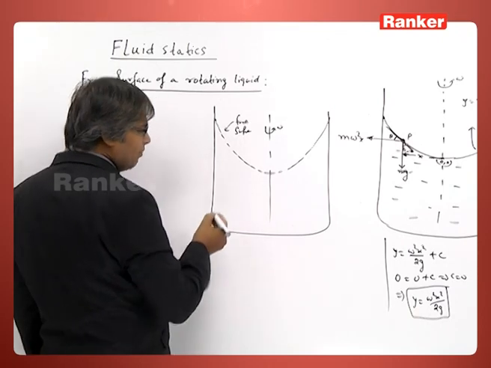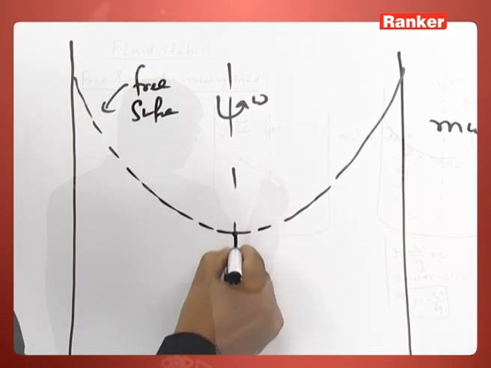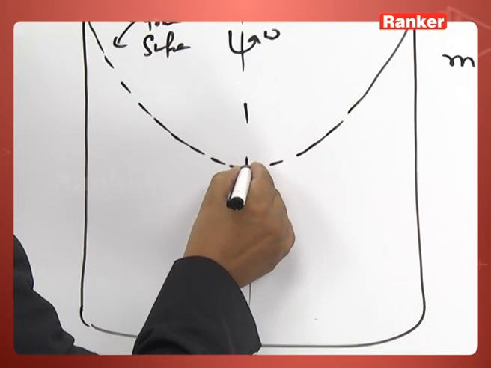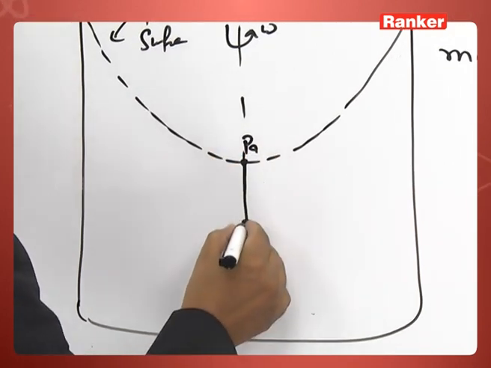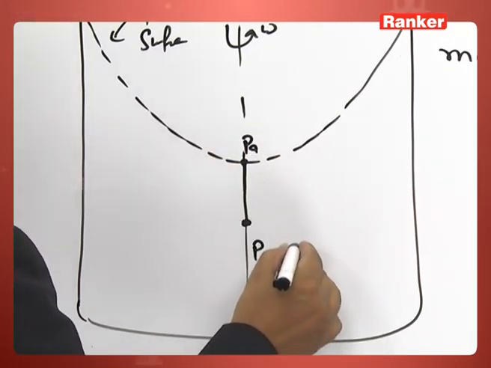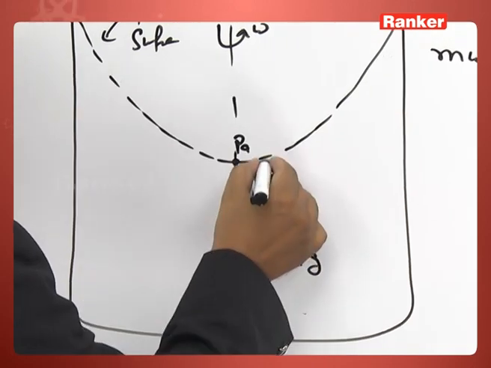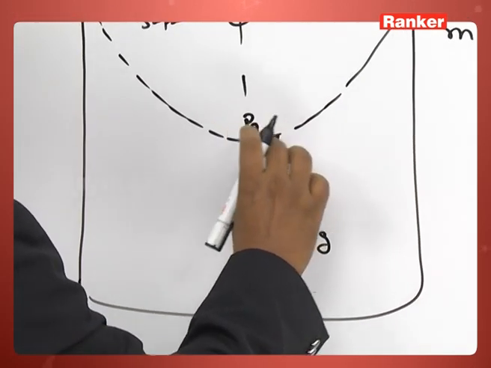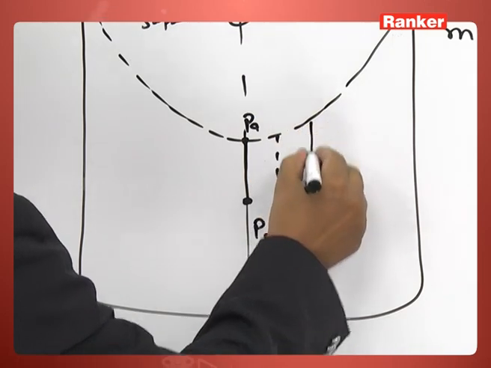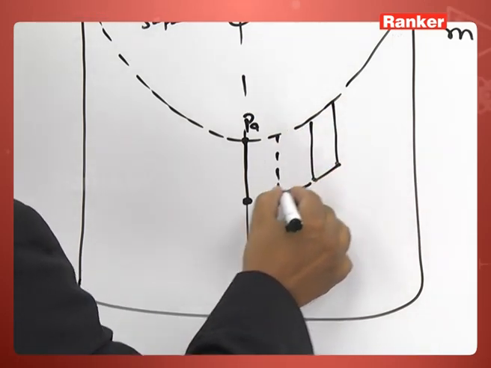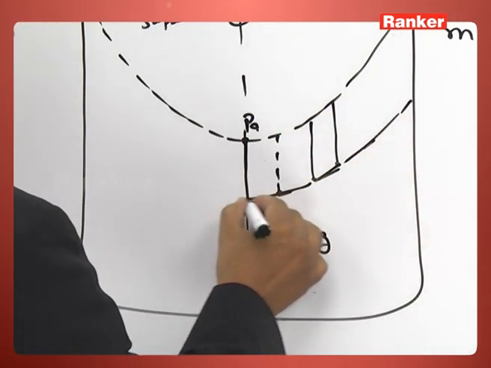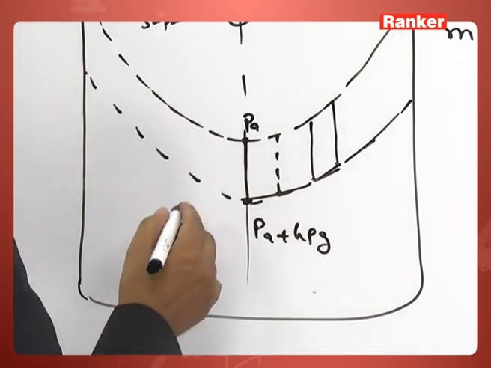So, you see, if I want the pressure at this point, this is atmospheric pressure Pa, this point will have Pa plus H rho g. Similarly, another point which is at the same distance from here. Again if I draw, this will be again a parabola.